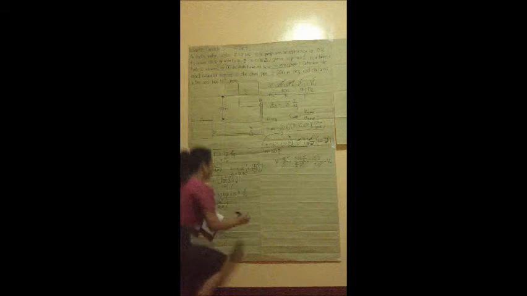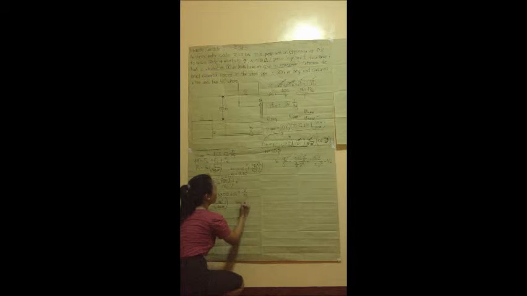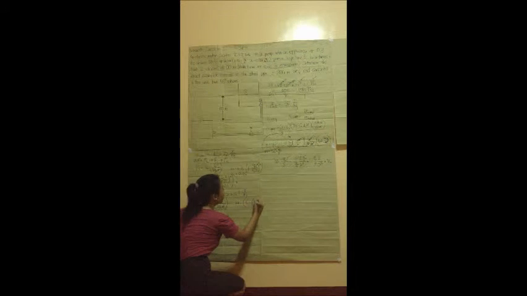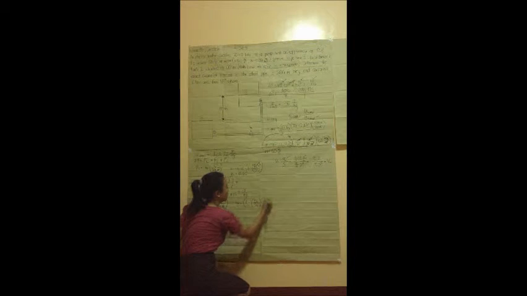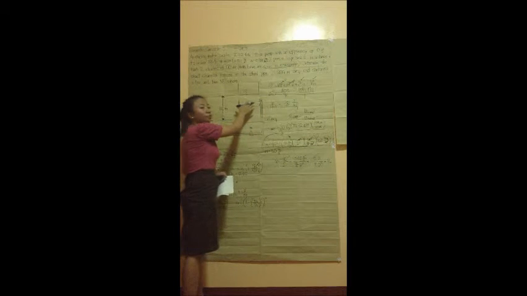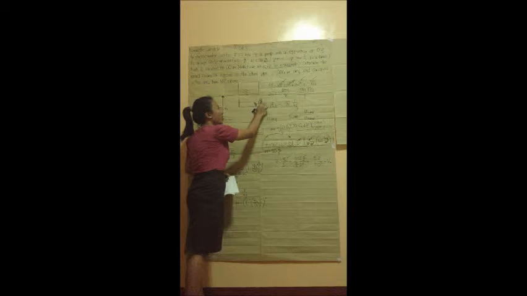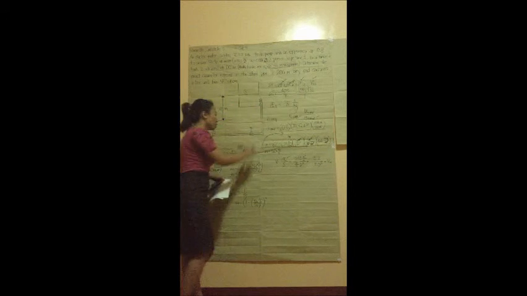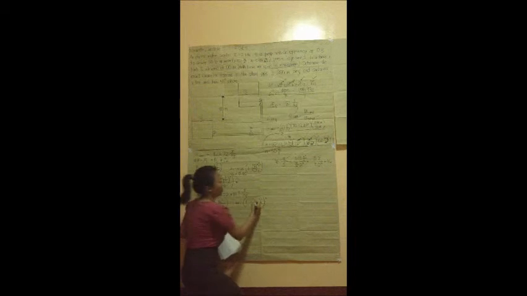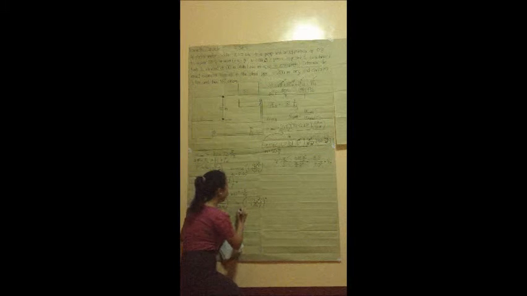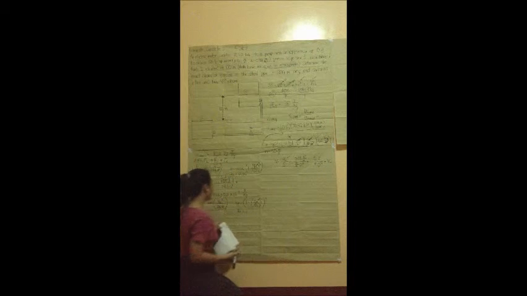But first, we need to get the value of Ke. Ke has the formula of 1 minus d4 over d2 squared. Like in this situation, we can say that the diameter of the large tank 2 is much larger than the diameter of the pipe in the reference point 4. So we assume this to be neglected, and Ke will have the value of 1.